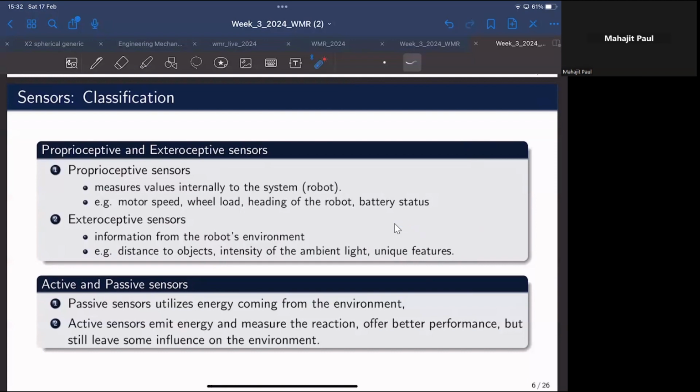And the second kind comes under active sensors. For the functioning of such sensors, you need to give some sort of energy to activate the sensor. For example, the sensor has to emit some sort of energy and measure its reaction with the environment, and based on the measurements of the reaction, it can estimate what it is sensing. Take ultrasonic sensors.